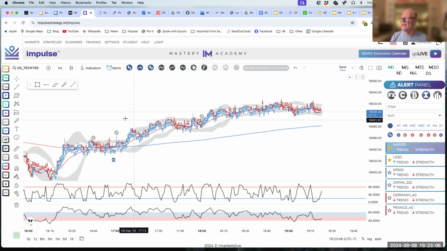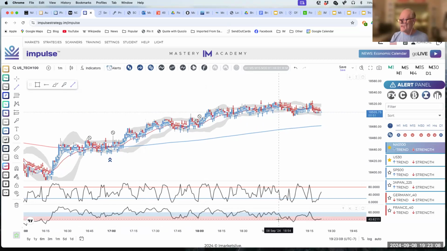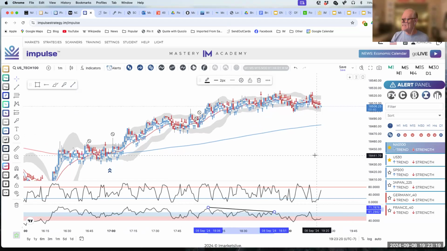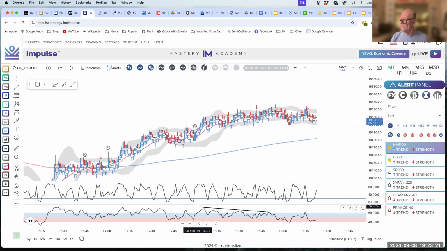This is on the 1 minute. We can see down here, we've got an angle. If we draw that from there to there, we can see the angle is down on that RSI. From the top of that line to the top of that line, you can see nothing breaks it. It's going down, okay? Now what we have to do, if you see the dotted lines, we've got to draw the trend line exactly the same place above.